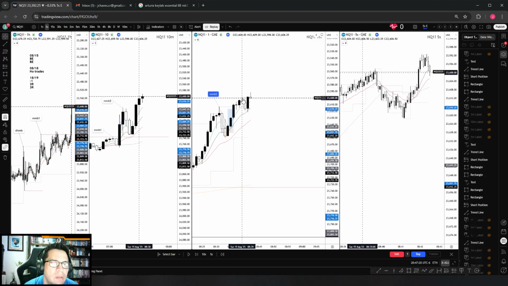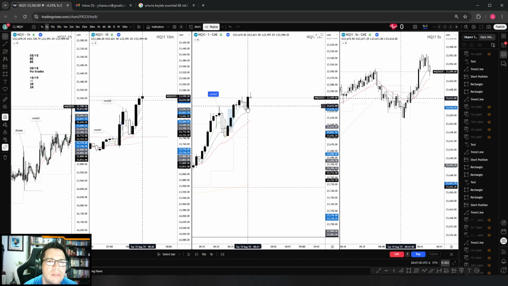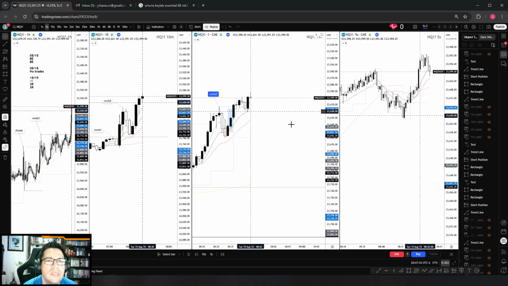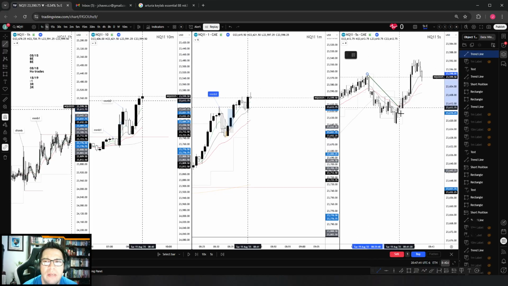Here, taking a look at this move, after the validation of MMB2, we came here and made a pause, and price came here one time touching the 10. And if we take a look at this flush here, there was this containment line.